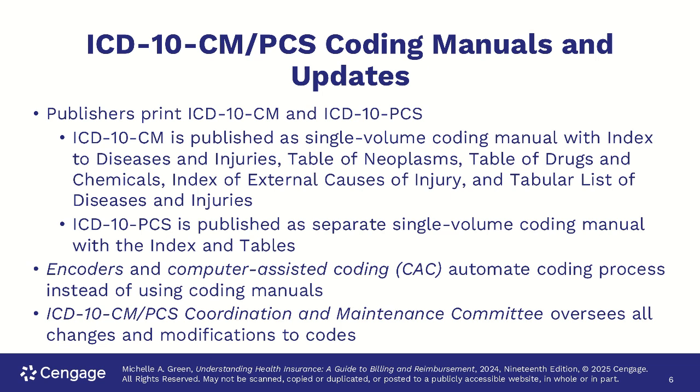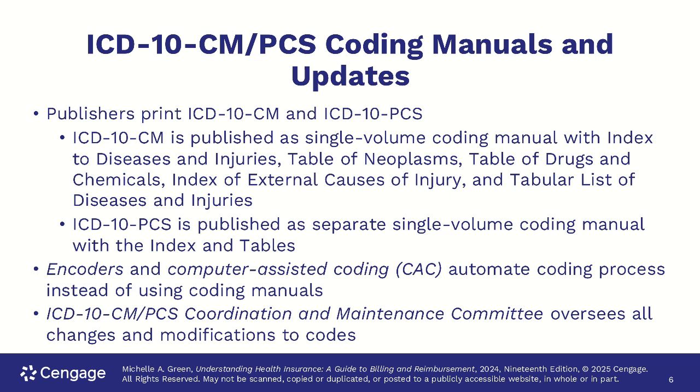And then we have logic based encoders, which are coding encoder systems that use code book logic. An example of a logic based encoder is 3M. An example of a knowledge-based encoder is Nuance CLintegrity. And you will have an opportunity to explore both of those encoders later in the program.